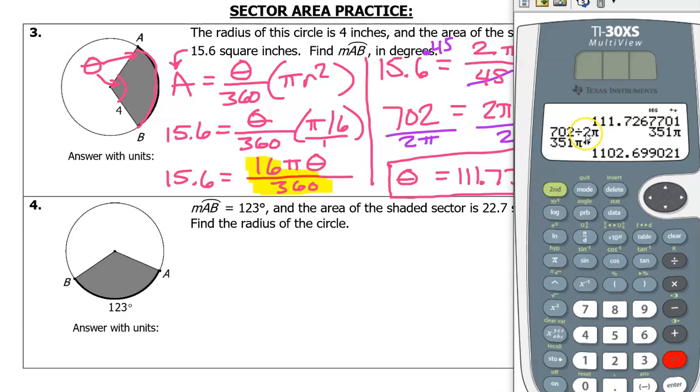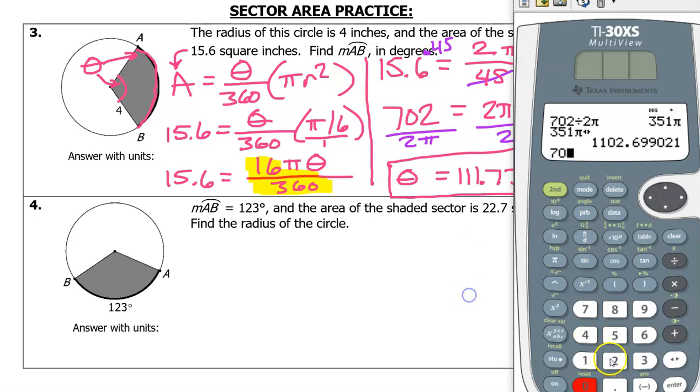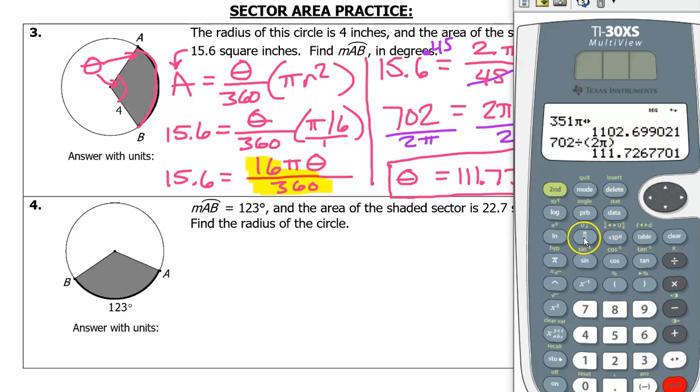You divide by 2, and then you're actually multiplying by pi. If you want to divide by 2 pi without making a proper fraction, you have to use parentheses. So if you want to put this all on one line, you have to do 702 divided by, but then you need to put the 2 pi in parentheses. Then you'll get the same answer. But if you have the fraction button, use it.